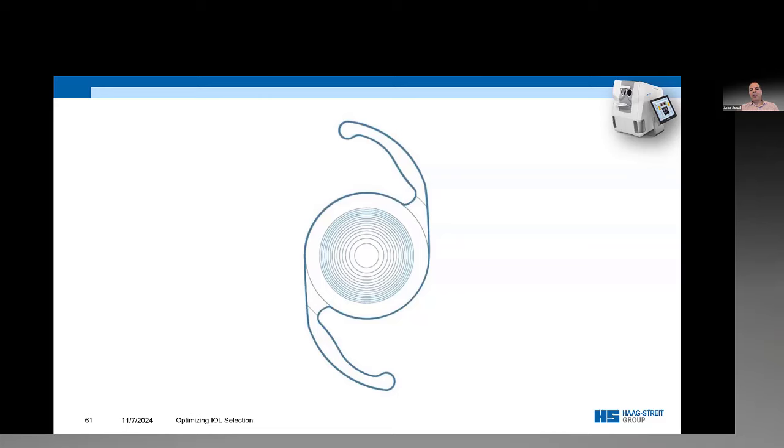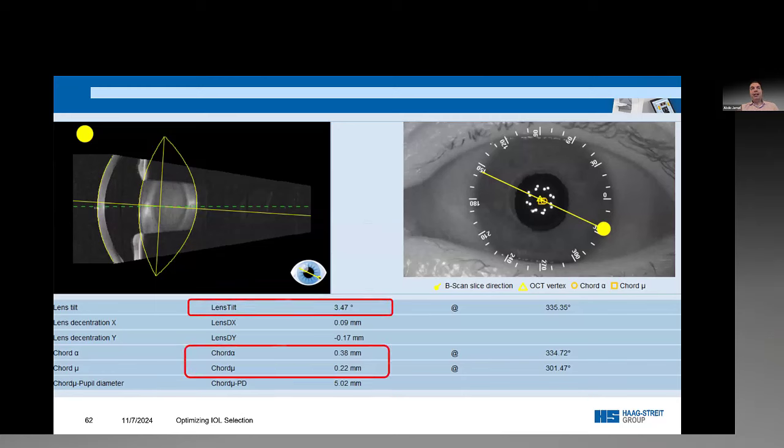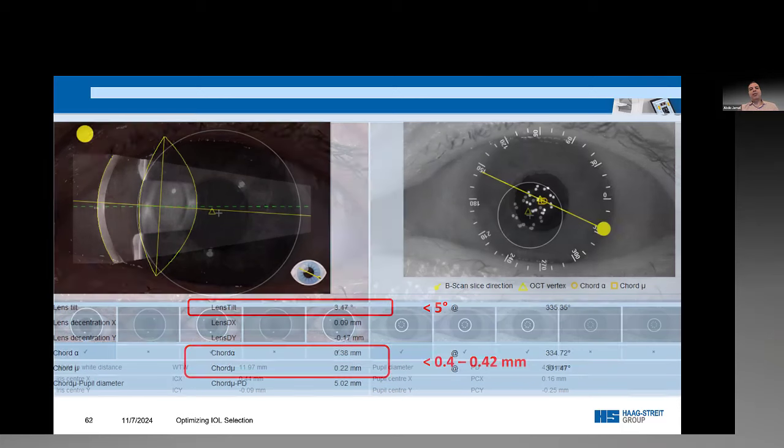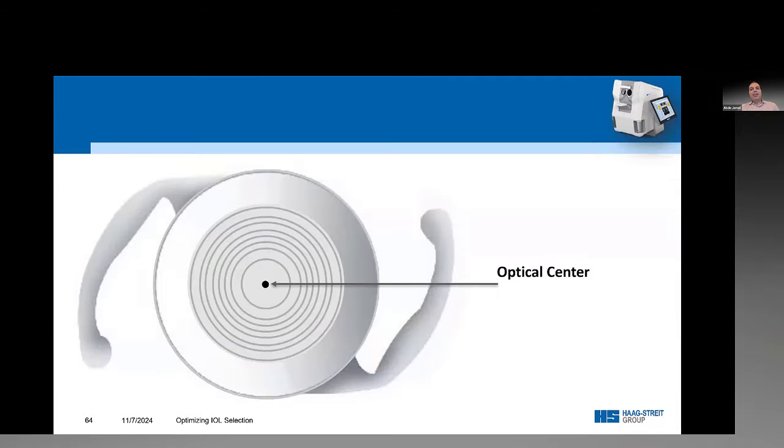Multifocal IOLs are very sensitive to lens tilt and decentration. So we check lens tilt and decentration. If the lens tilt and decentration, I mean chord alpha and chord mu and angle alpha or angle kappa, are in the accepted range, then the visual center will be in the IOL central optical zone.